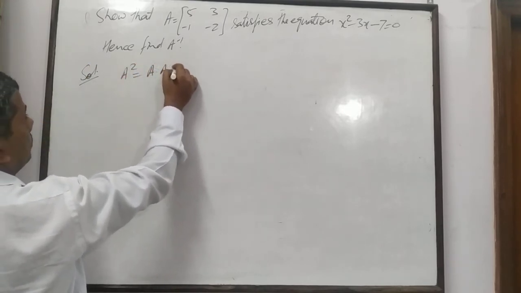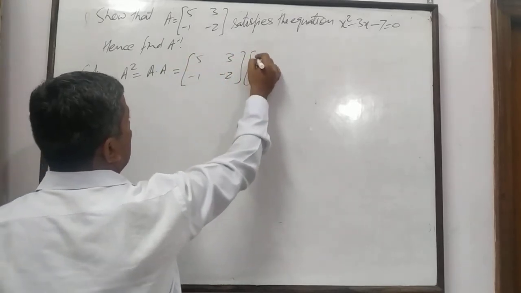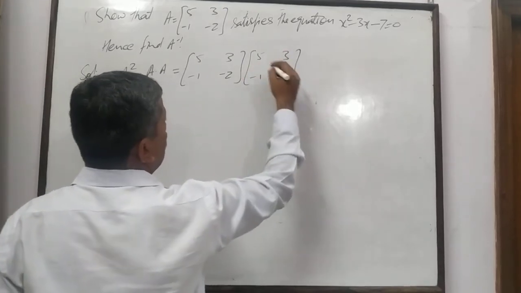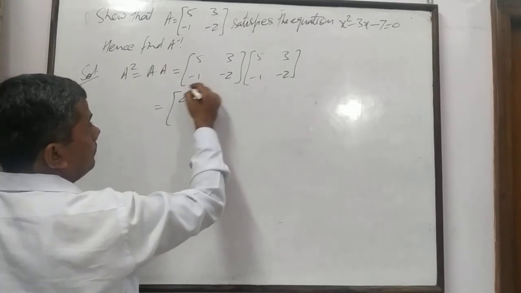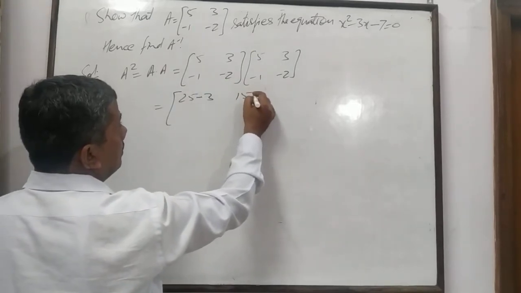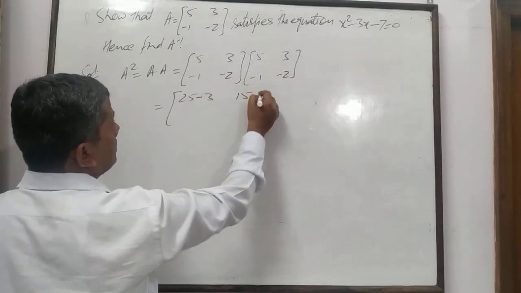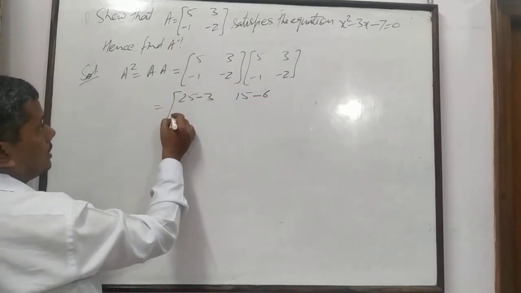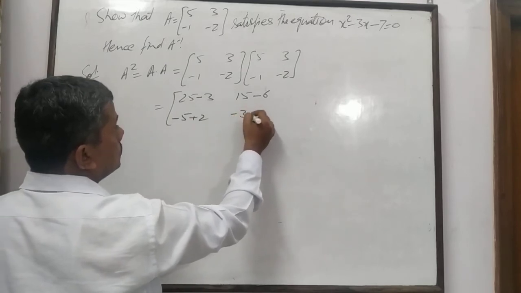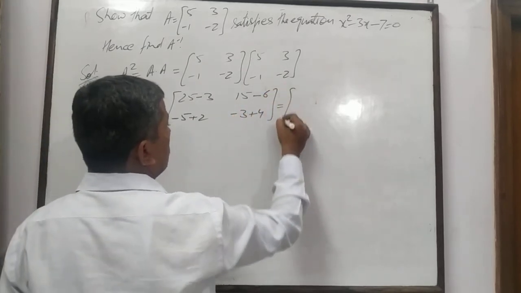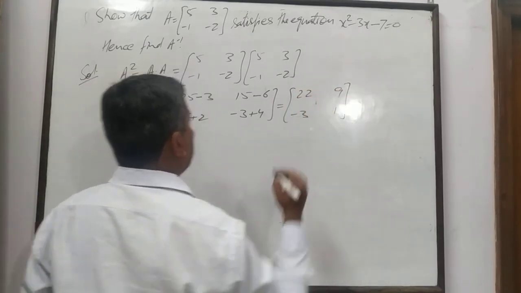That is A into A, which is 5, 3, -1, -2 multiplied by 5, 3, -1, -2, which is 25 minus 3, 15 minus 6, then minus 5 plus 2, then minus 3 plus 4. So this is 22, 9, -3, 1.